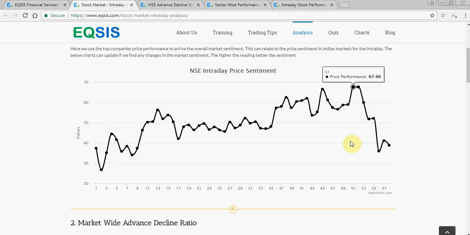In the early morning, if I'm looking at this chart, I may get a few data points. As long as I see this move is above the previous top, heading to higher levels, higher levels, and it manages to retain the bottoms, I still feel the sentiment is good. But this is calculated by looking at the price performance of various stocks. This is not the only way by which we look at the sentiment.